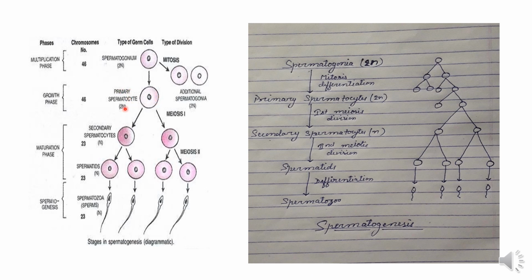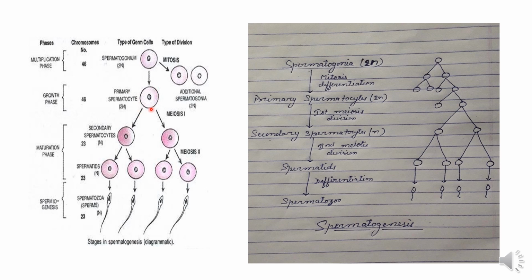It is also a diploid cell, represented by 2n. This is an enlarged cell with a deposition of nutritious materials inside it. This nourishing material will help the primary spermatocyte to undergo further meiosis cell division.